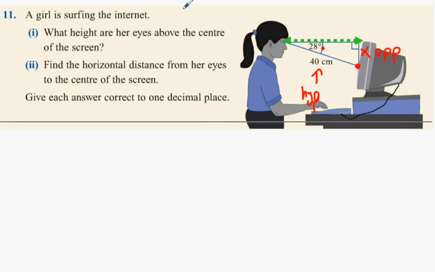Now, SOHCAHTOA, which one are you going to use? We're looking to find the height of her eyes above the center of the screen, hence this part here, the red dot, is the height. Barry, what function are we going to use? Sine, cos, or tan? Sin.